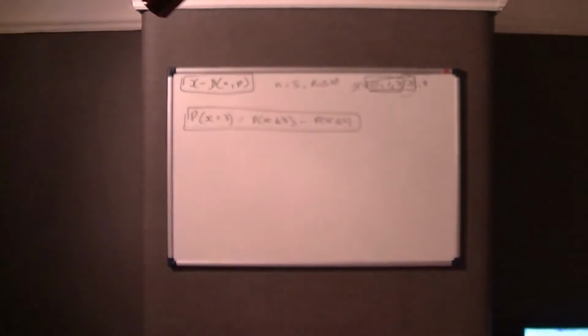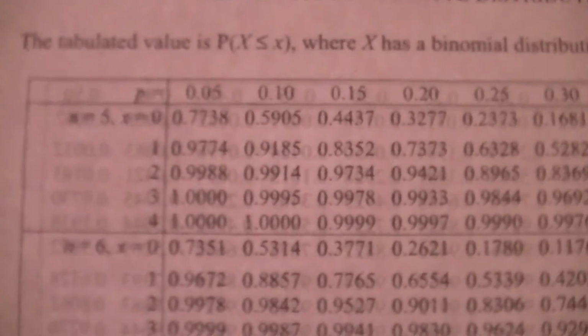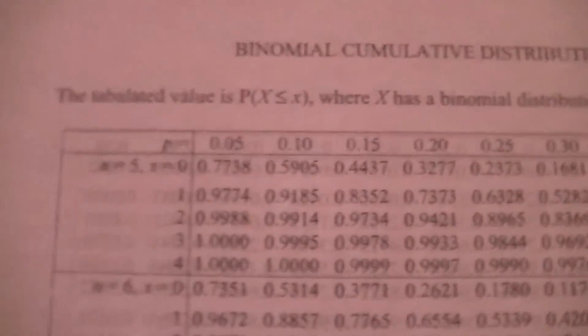We want the probability that x is equal to 3, and we do that by taking the probability that x is less than or equal to 3 and taking away the probability that x is less than or equal to 2. To do that we have to use this table. I do apologise, I haven't got the steadiest hands in the world. We work out the probability that x is less than or equal to 3 first.